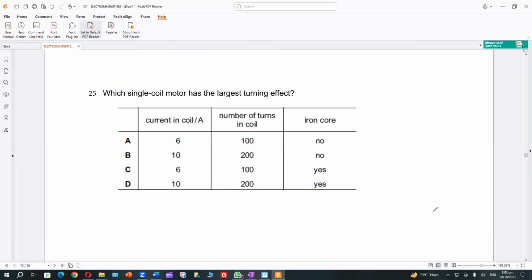Which single coil motor has the largest turning effect? Now solve this one.